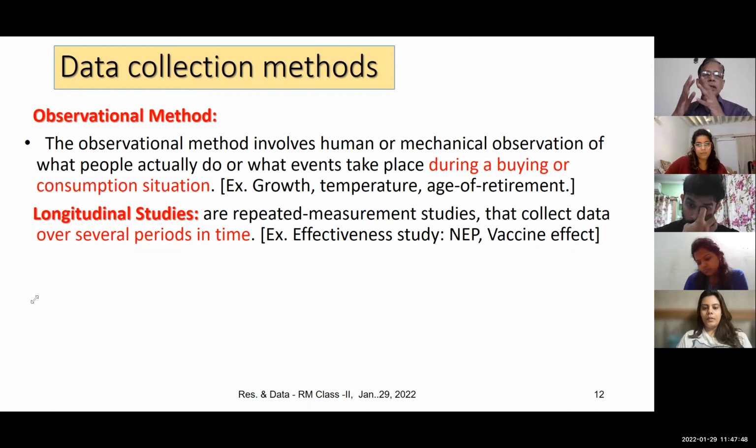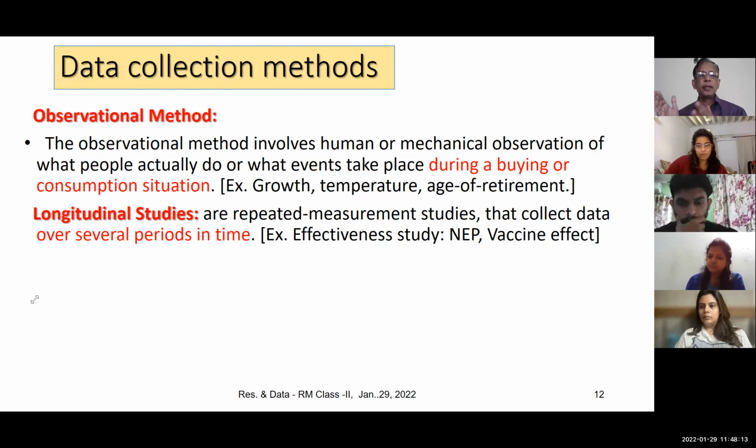Say, for example, you want to move to a trimester system from a semester system. What is the difference? What is the impact? You cannot observe the benefit at the very same moment. You need a certain period, and you have to wait, and it may need some long-term observation.